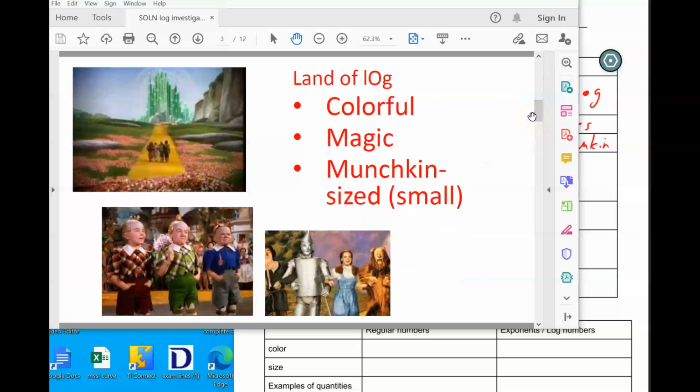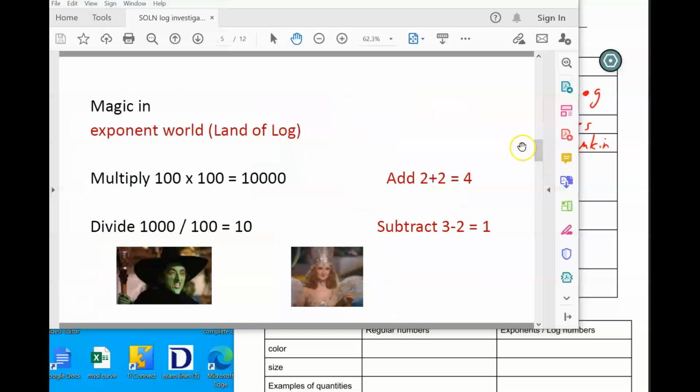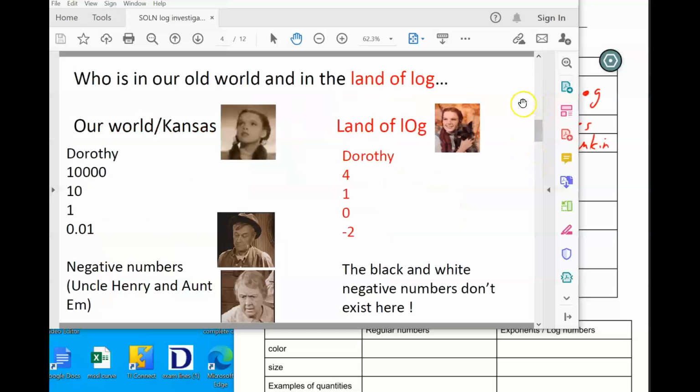In the land of log, where everything is colorful and magic and munchkin-sized, we have different strange numbers. I'm going to make these strange magical numbers. I'm going to use red to color these numbers in, okay?